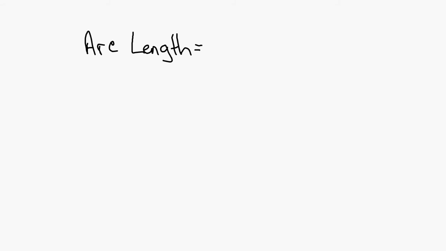Here's the best way to do this. You're going to find the measure of the central angle. You're going to divide it by 360. And you're going to multiply that by the circumference.